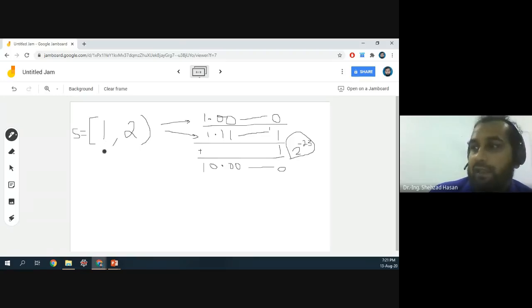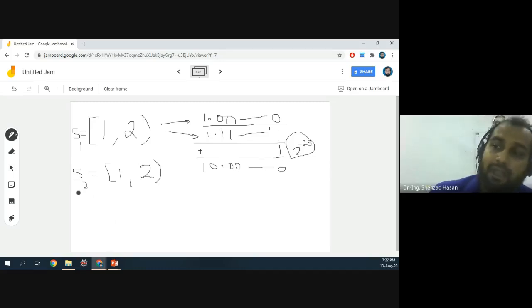If you are going to add them, what is going to happen? Now it can happen that the second number has a lower exponent value. If this is S1 and this is S2, S2 is also going to lie in the same range of significand value, right?